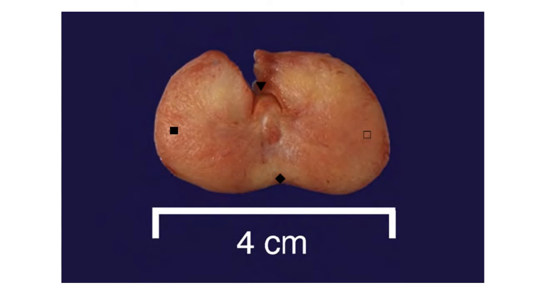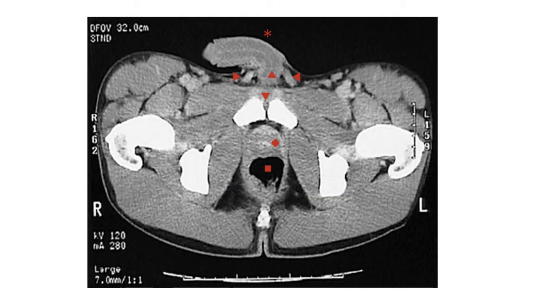The consistency is uniform and this is not showing any nodularity. About 70% of the prostate is composed of peripheral zone, and this is the lateral and posterior lobe. The small anterior zone contains mostly fibromuscular stroma.